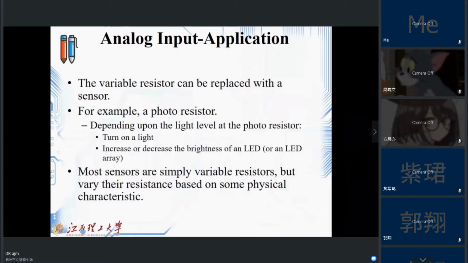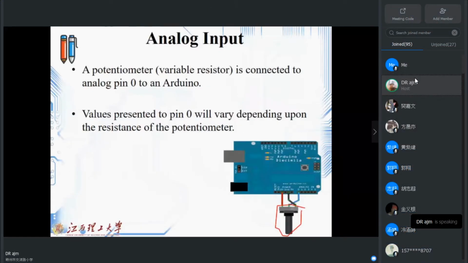And then we can measure this resistor value with the help of a bridge, change it into the form of voltage, and then measure the value. I should talk more regarding this part, and we call it a potentiometer or variable resistor, which when you turn or move it, the resistor value will change.